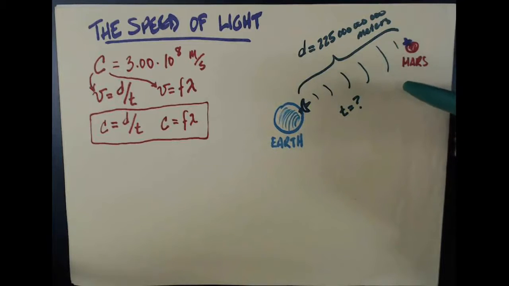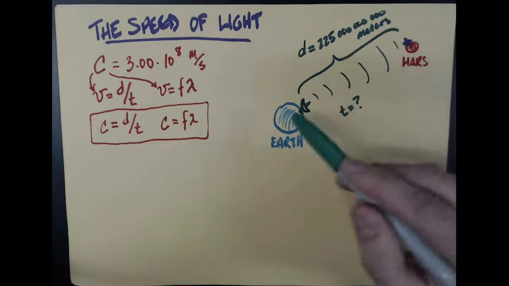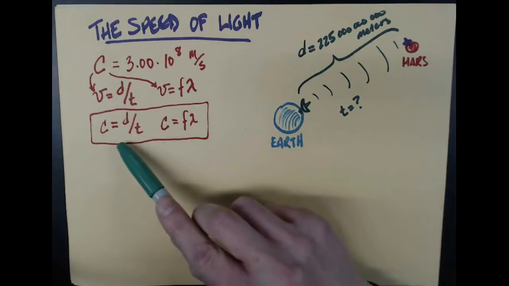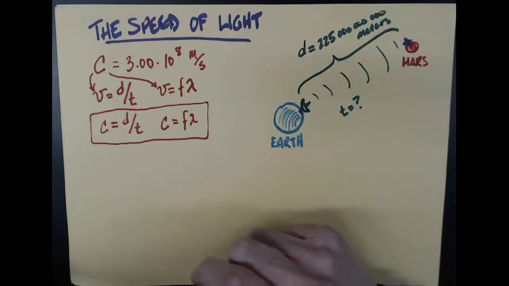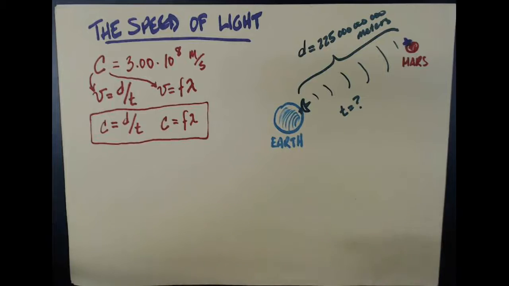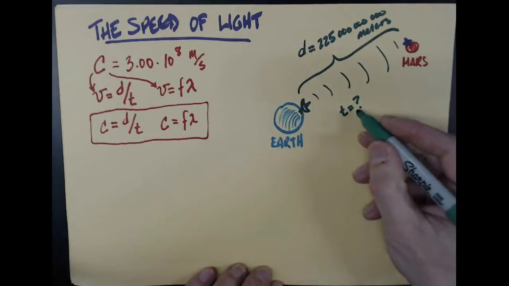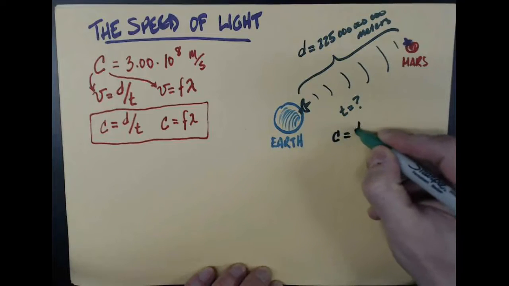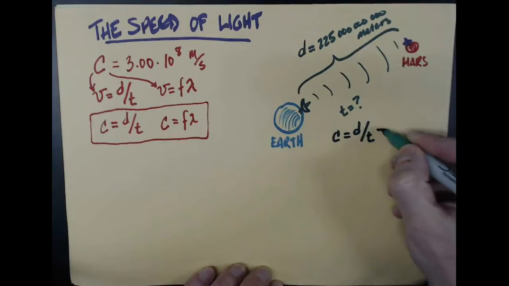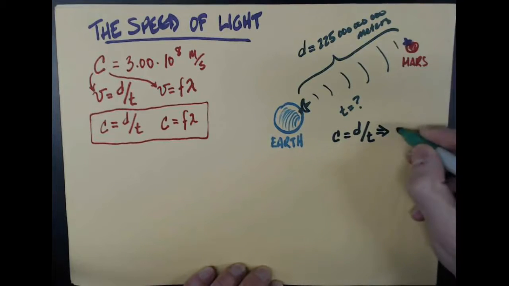Well, it turns out this is a pretty easy question to answer if we use this formula right here, which is the first formula that we learned in the class, just subbed in for the speed of light. So here we go with that. So the question is, what's the time that it takes for the signal to get there? Well, we know that c equals d divided by t, which we can solve for t like so.